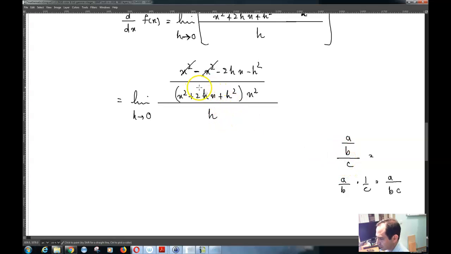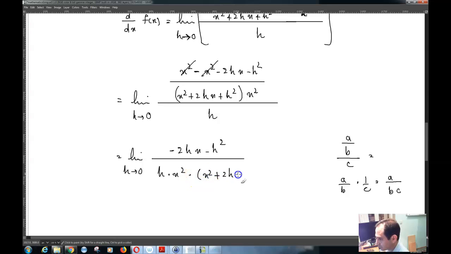So I can write this as the limit as h tends to 0 of a divided by bc, so negative 2hx minus h squared over h times x squared times x squared plus 2hx plus h squared.